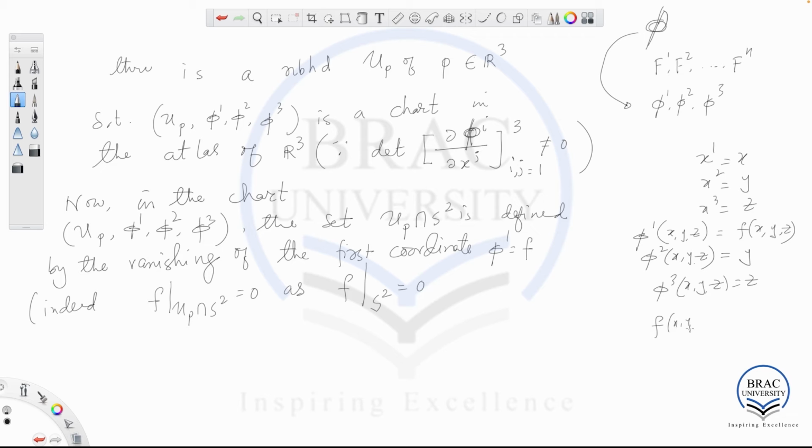F of x, y, z is equal to x squared plus y squared plus z squared minus 1. So from it immediately follows that F restricted to S2 is 0. So UP intersected with S2 is a subset of S2, so F restricted to UP intersected with S2 is also 0.